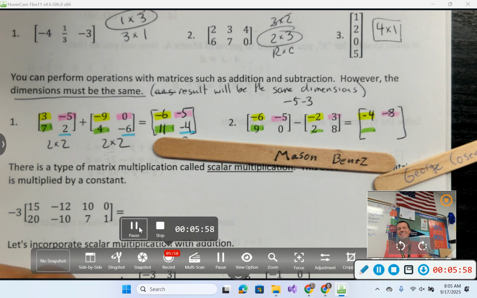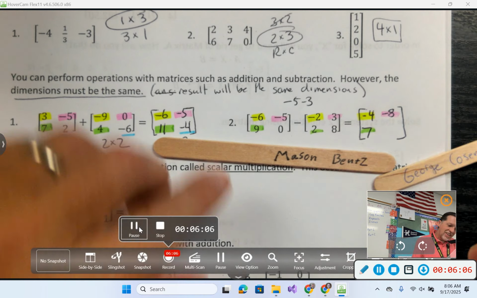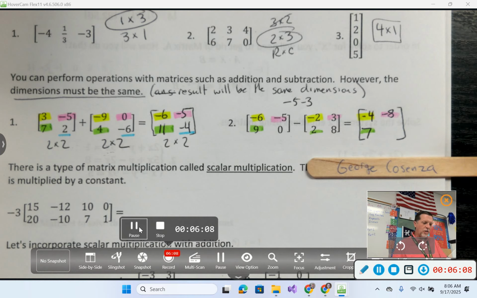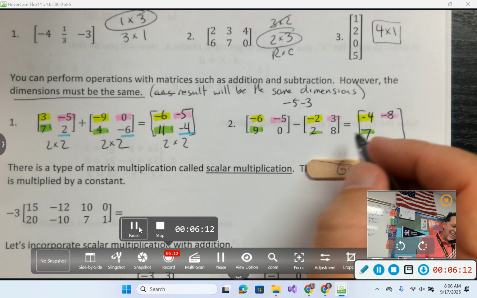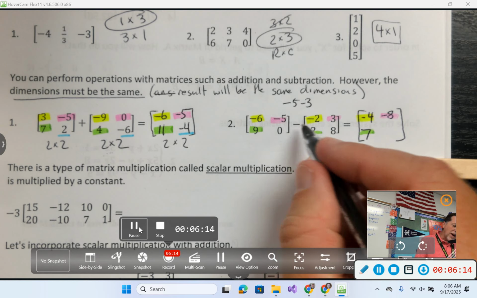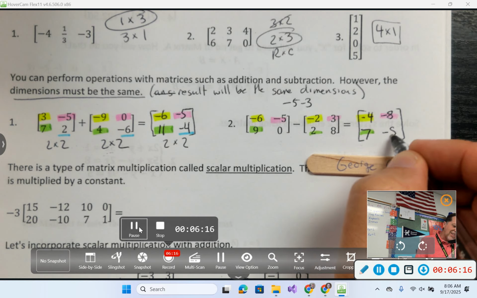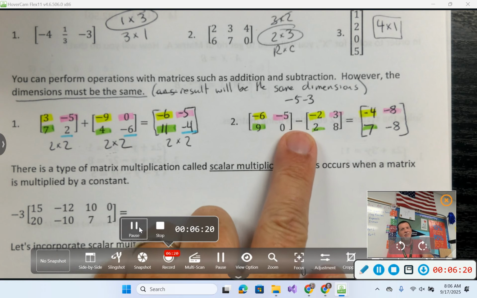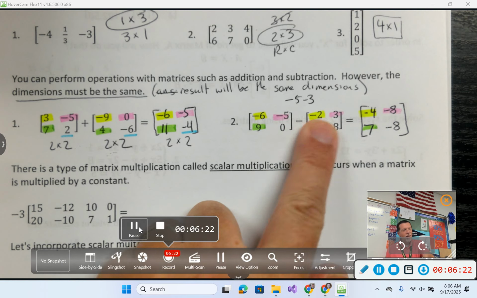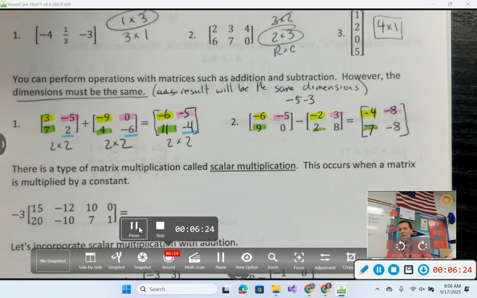Tricky, you got to be careful. Mason, you get an easy one. 9 minus 2 is 7. And George, 0 minus 8 is -8. The negatives there, you got to make sure it goes to everybody, and then you got to worry about 2 negatives making a positive and all that stuff.